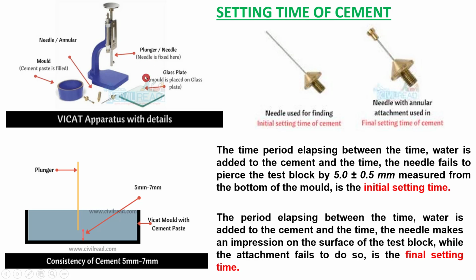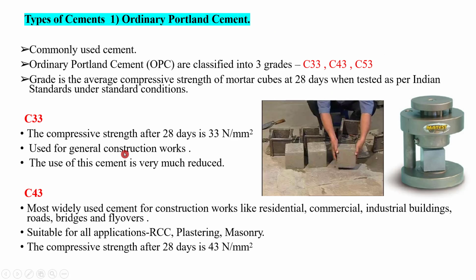When you are using both and simultaneously releasing them, if it is final set, the needle will make some impressions on the surface and this annular attachment will not make any impression. At the initial time both will make some impressions. Maybe after some time, after the cement has finally set, the needle will make an impression but the annular ring won't. So that is the final setting time. Both are done in the Vicat apparatus.